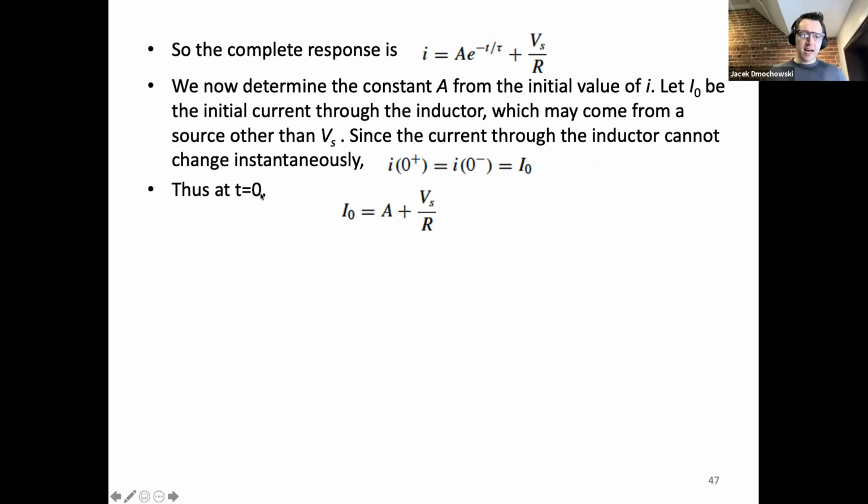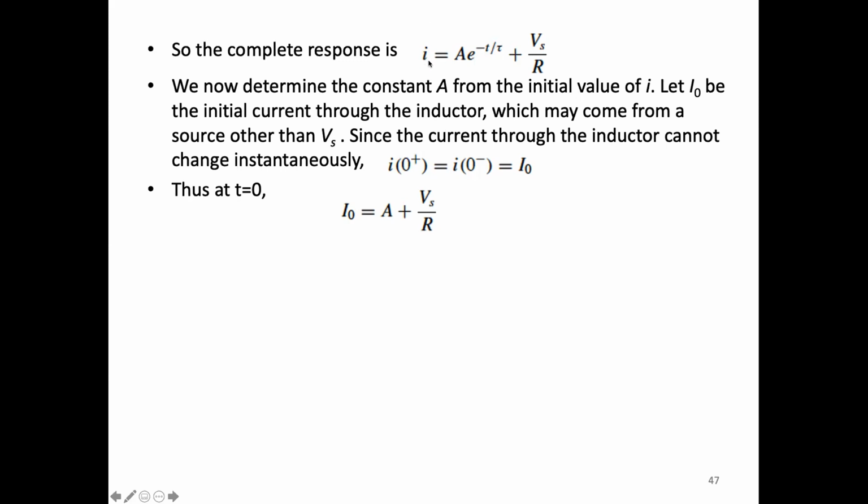And so at time zero, when you plug in 0 for t, we know that the value of the current, which we're going to call I naught, is equal to A plus Vs over R. Okay, so how do we get from here to here?